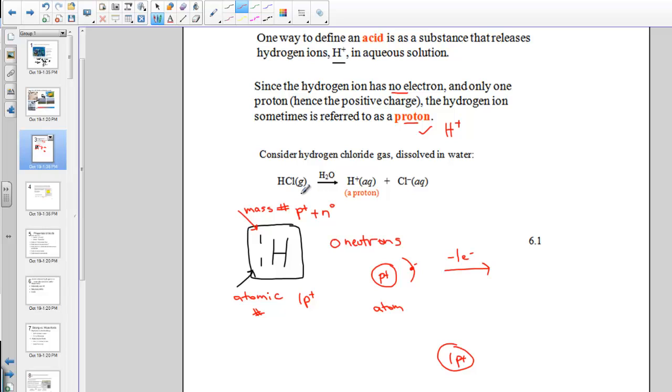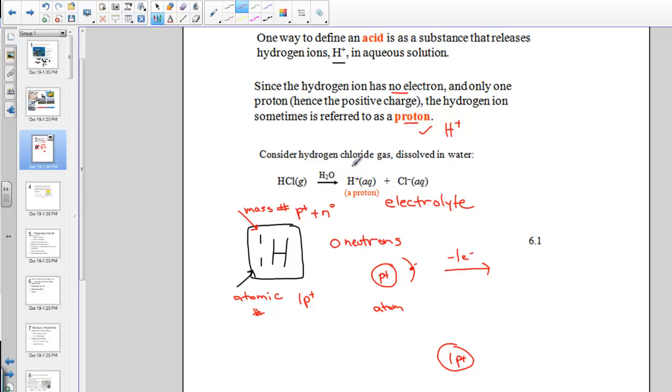Any substance that releases hydrogen ions in water is called an acid. HCl, hydrogen chloride, in the gaseous form, when dissolved in water, is an electrolyte. An electrolyte, we learned, is a substance that, when dissolved in water, breaks apart into the ions it's composed of.